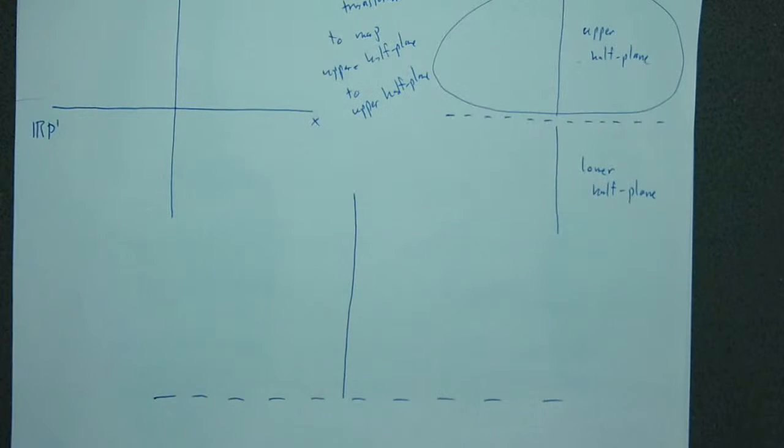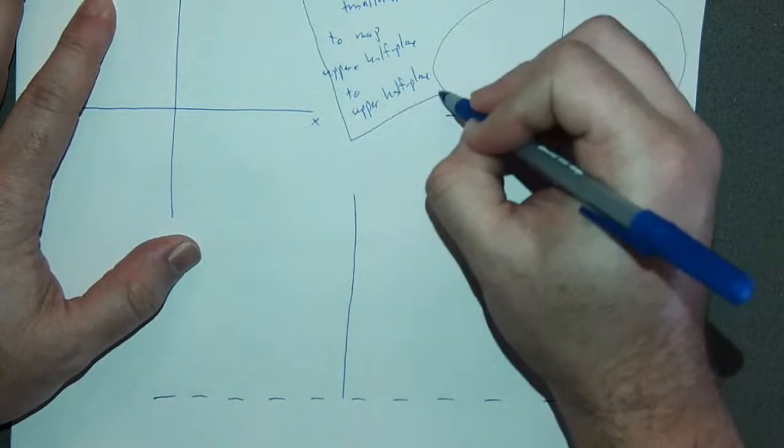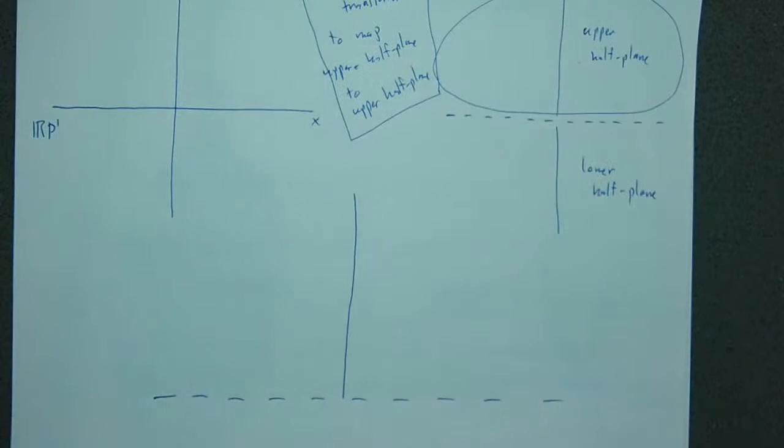Now, if we were going to use the lower half plane, we want the same statement true for the lower half plane. The idea is we want these transformations to leave whether it's an upper or lower half plane fixed. And so this is going to be a major thing that informs us how we're going to try to define this.